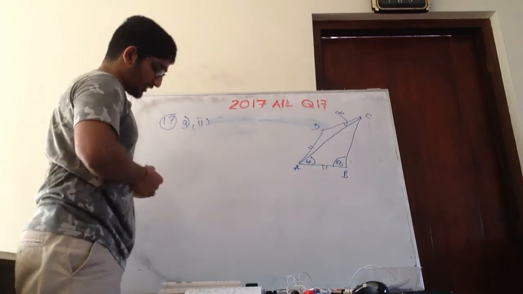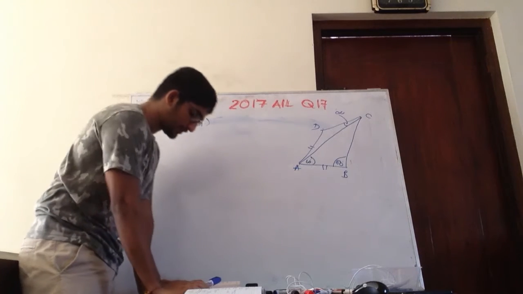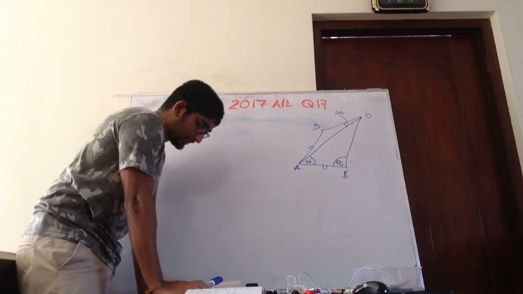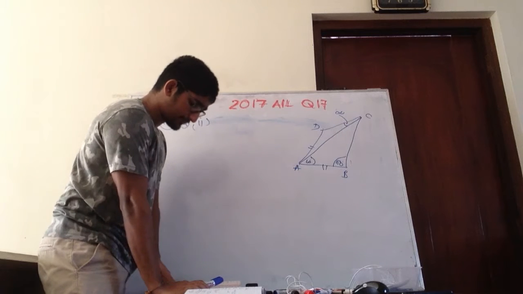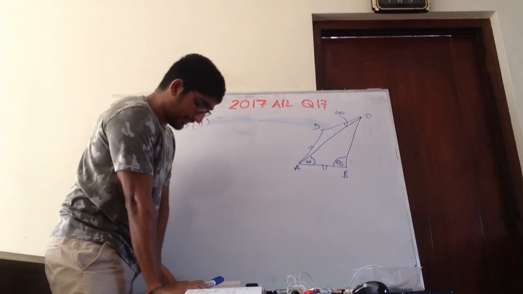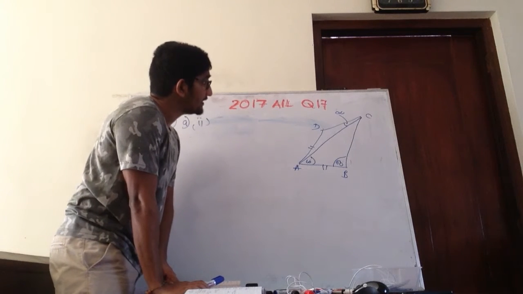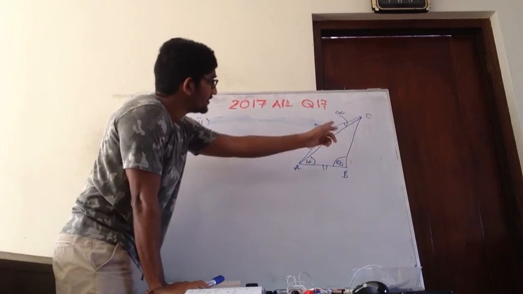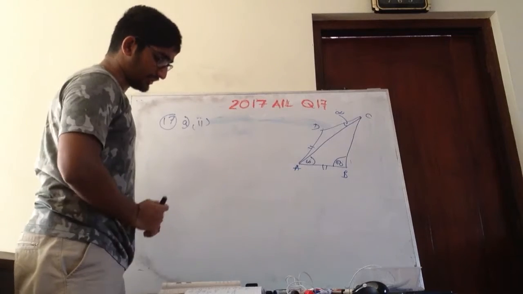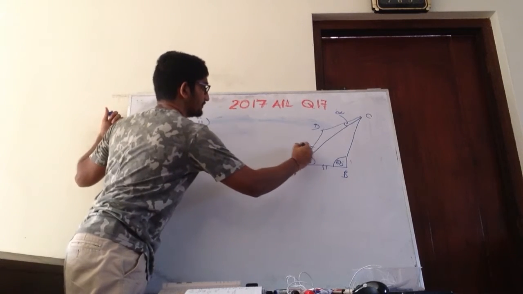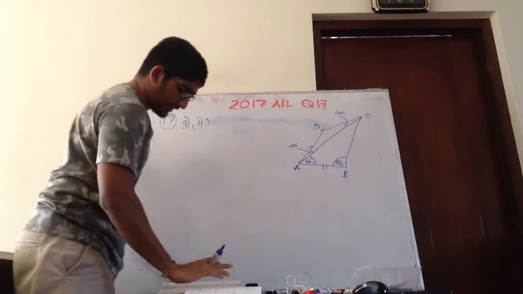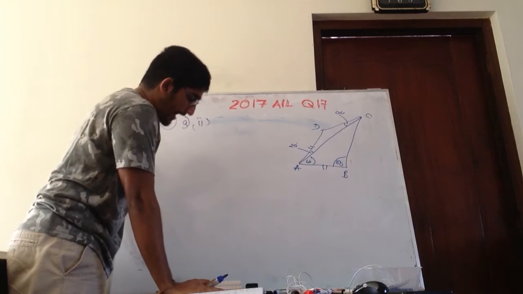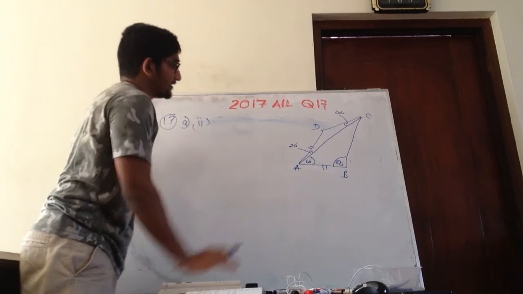From this they are saying, in the quadrilateral ABCD shown in the figure, AB is equal to AD, ABC is 80, CAD is 20 and BAC is 60.